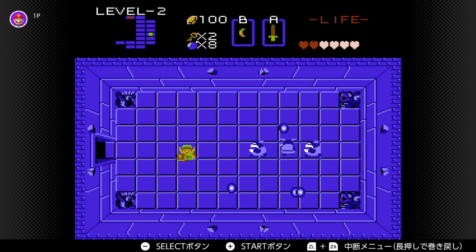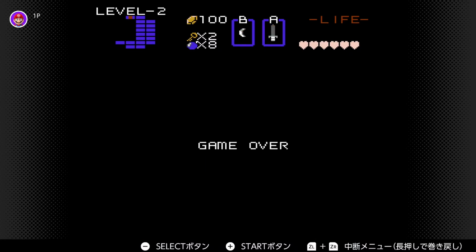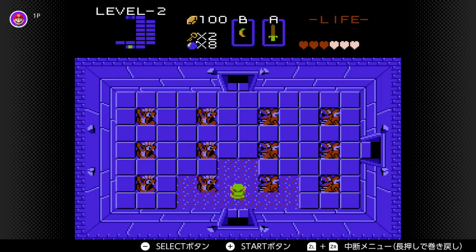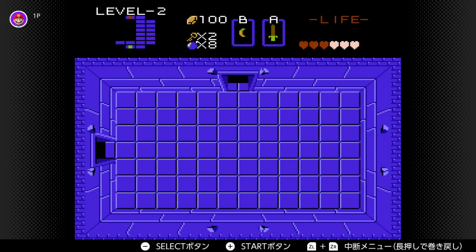Okay, let's be careful. Yeah, getting the... Here, if we had the shield, it would be better, honestly, but the magic shield. But we don't have it. Okay, let's try to do it.